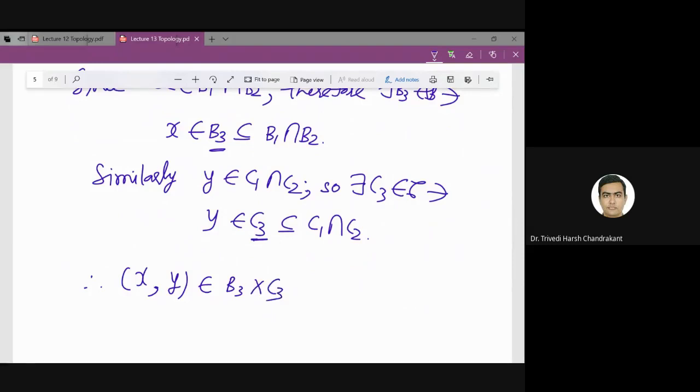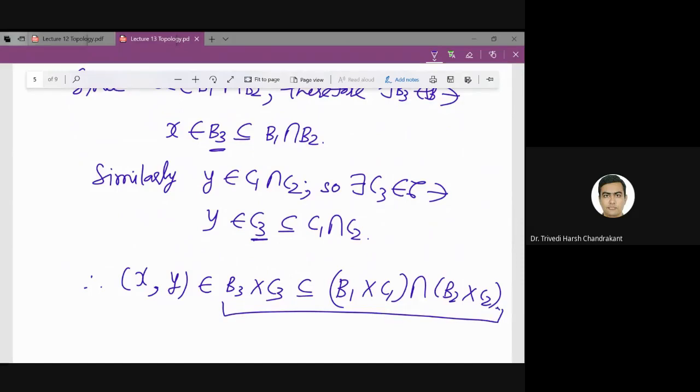And we can easily verify that this is contained in B1 cross C1 intersection B2 cross C2. Just check this; you will require some elementary set theory to prove this: if B3 is a subset of the intersection and C3 is a subset of the intersection, then B3 cross C3 is a subset of this intersection.